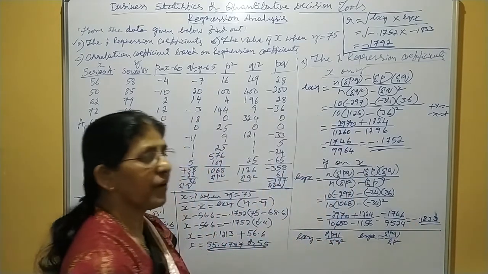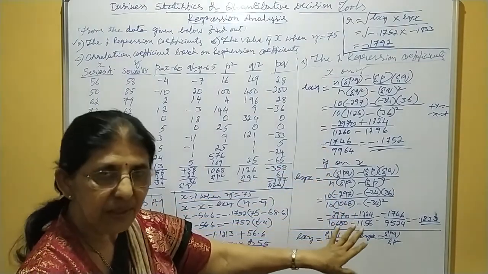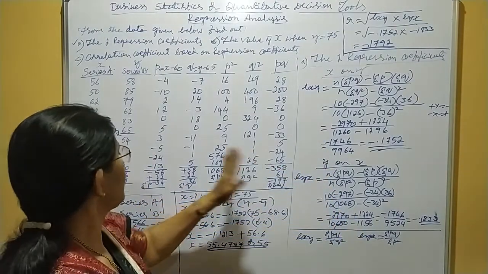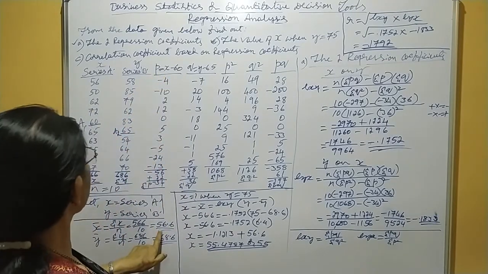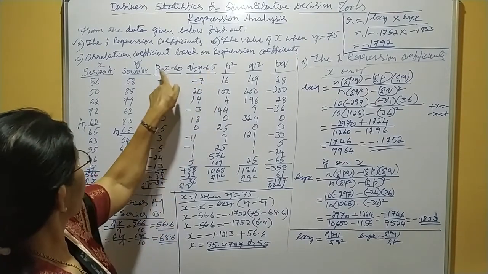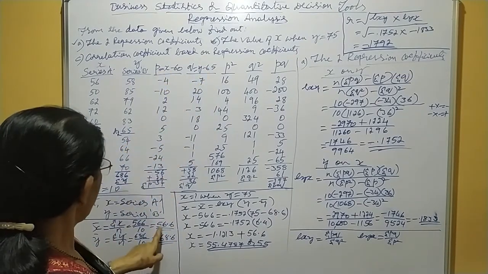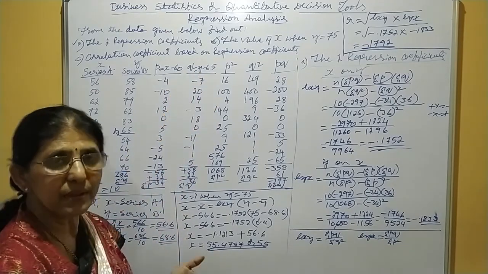If you apply this formula or the other one, the regression coefficient will be the same. Here the table values all change. When you take deviations from the arithmetic mean, then p equals x minus 56.6, and q equals y minus 68.6.